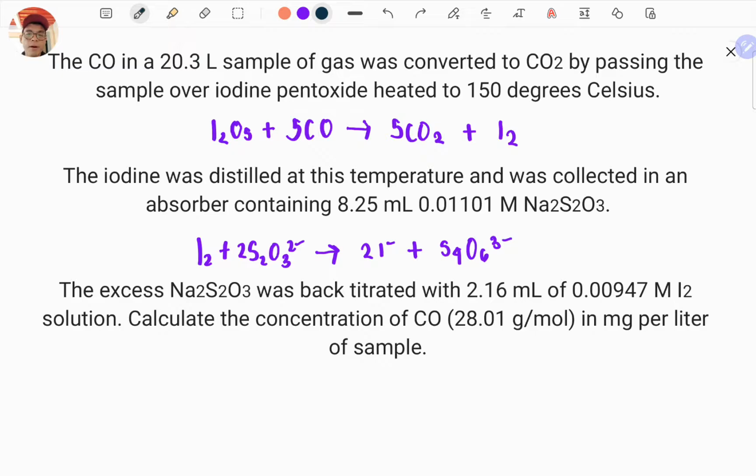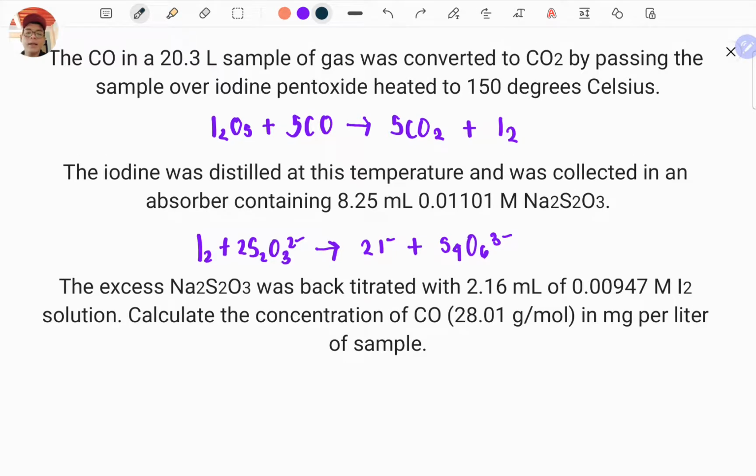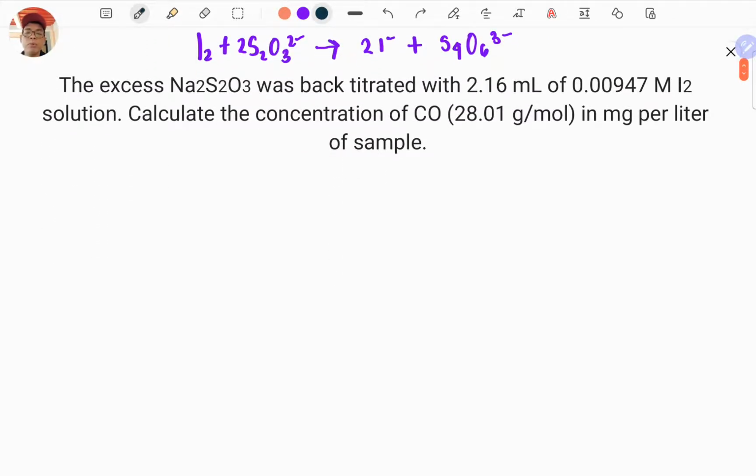It's quite a loaded problem, isn't it, guys? So before I move on, I think I should spend some time to explain what a back titration really is. In problems 1 and 2, we did a direct titration.